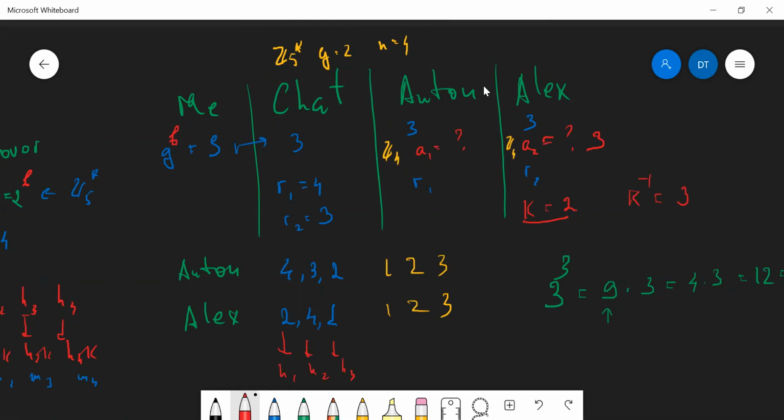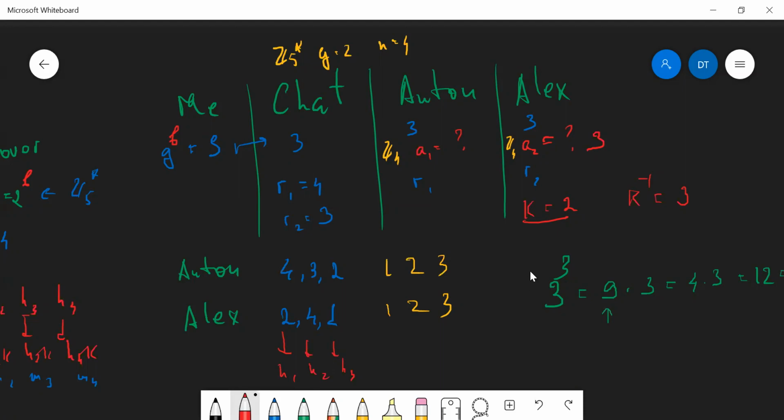So for each participant, you have to solve this discrete logarithm problem. So if there are two participants, then you have to solve it twice. And if I change the key each time I send a message, then you have to solve this problem again and again for each piece of the message.